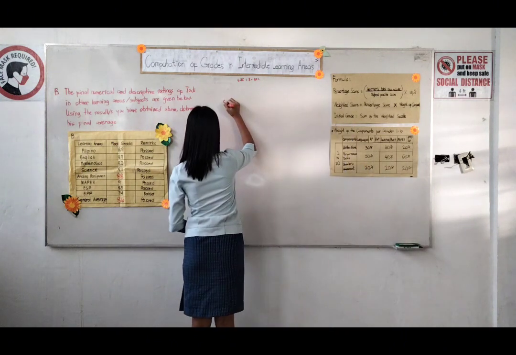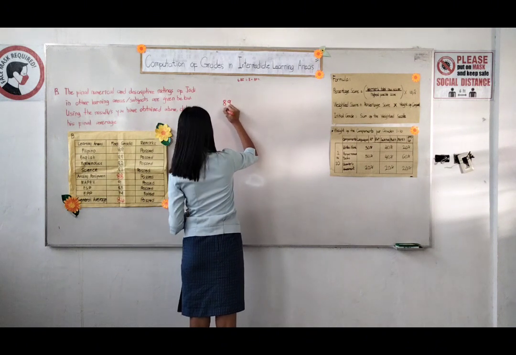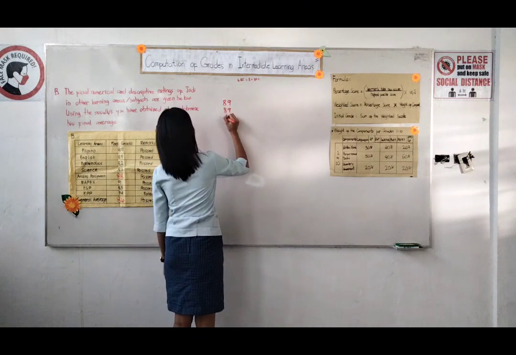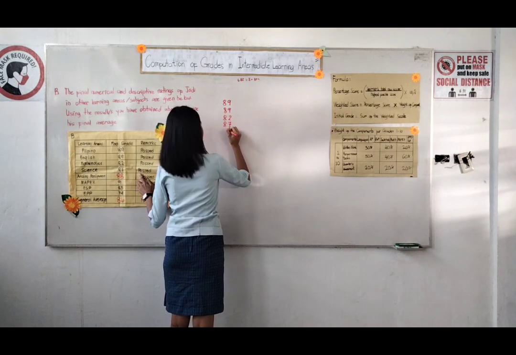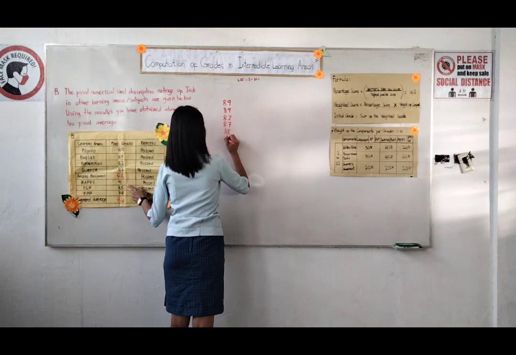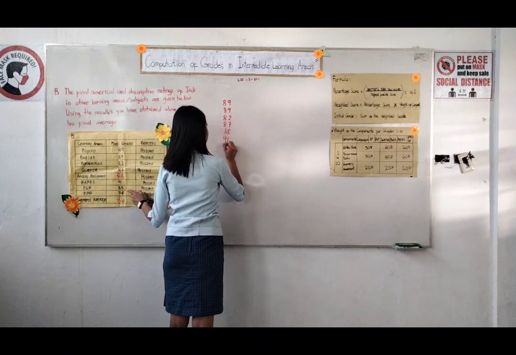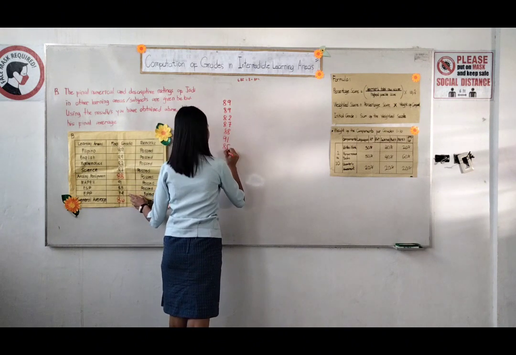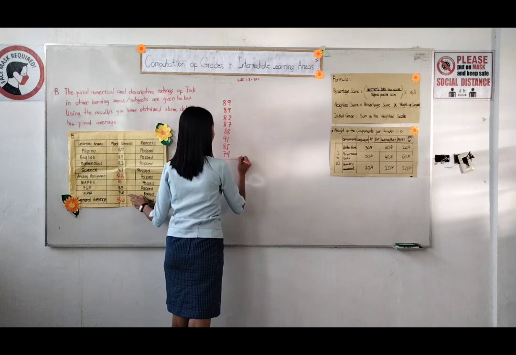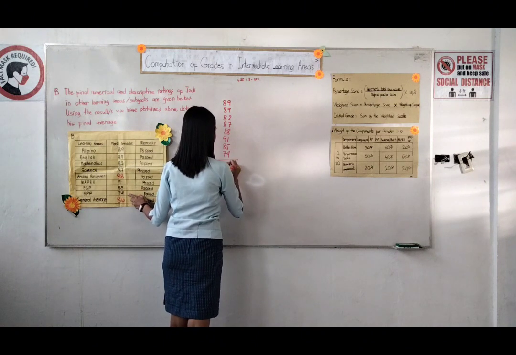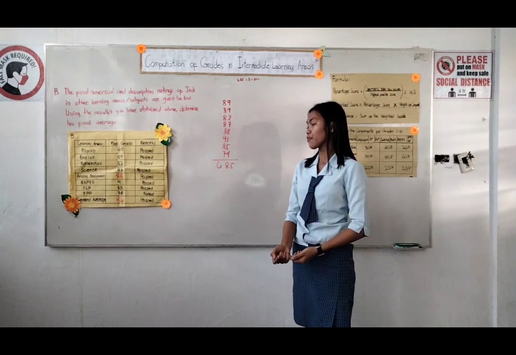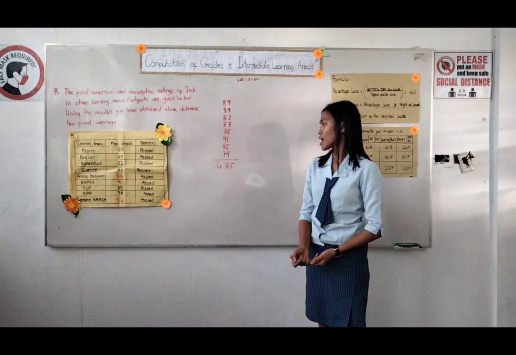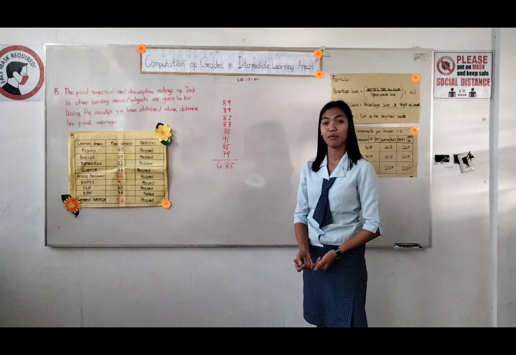So 89 plus 89 plus 82 plus 87 plus 88 plus 91 plus 85 plus 74, so it has a total of 685. So next, to get the general average, we need to divide the sum of the final grades by the number of subjects.